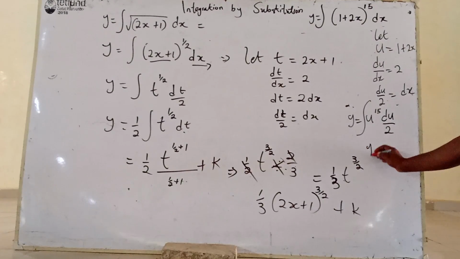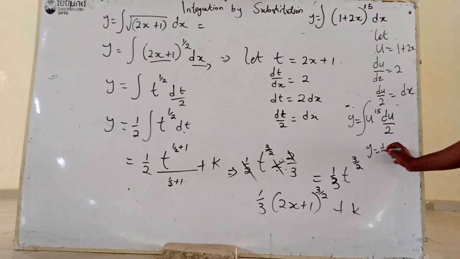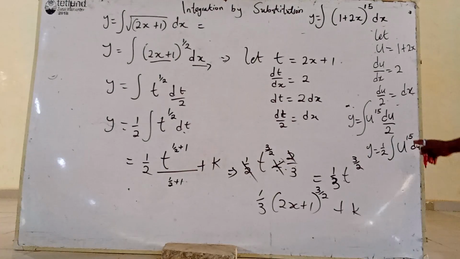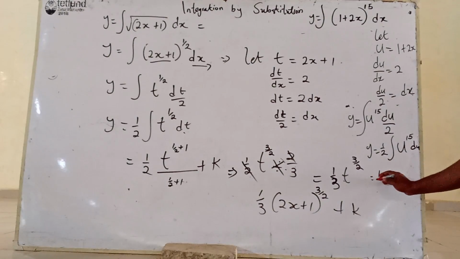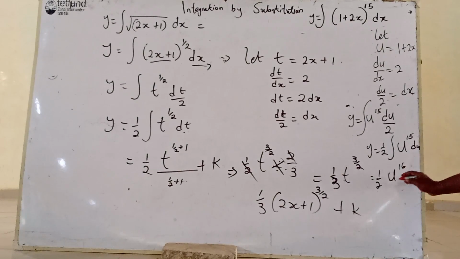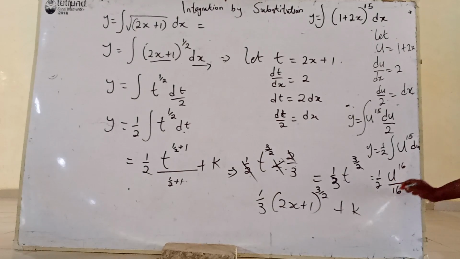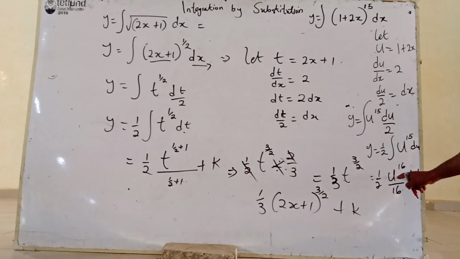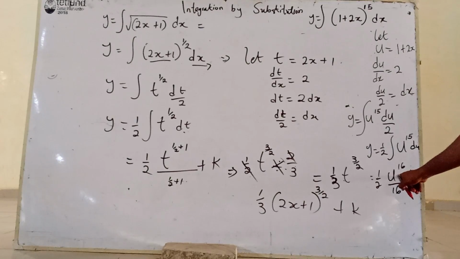So I have y is equal to 1 over 2 integral of u raised to power 15 du. What is the integral of u raised to power 15? It is u raised to power 16 upon 16, plus constant k.